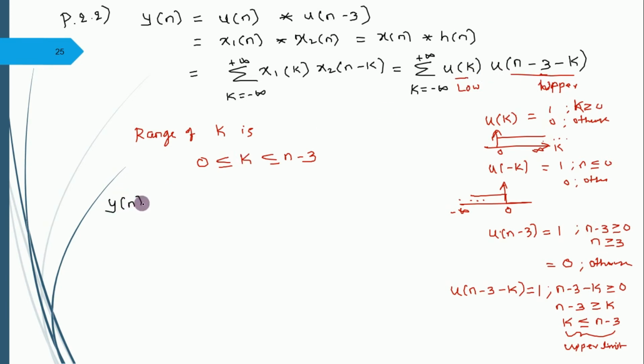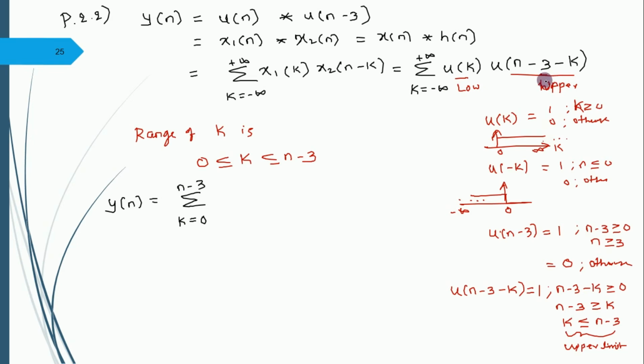y of n is equal to summation k equal to 0 till n minus 3. Why did I find this range? In this range, both u of k and u of n minus 3 minus k will be non-zero, it will be 1. Unit step function it is. For u of k, it is always greater than or equal to 0, it will be 1.